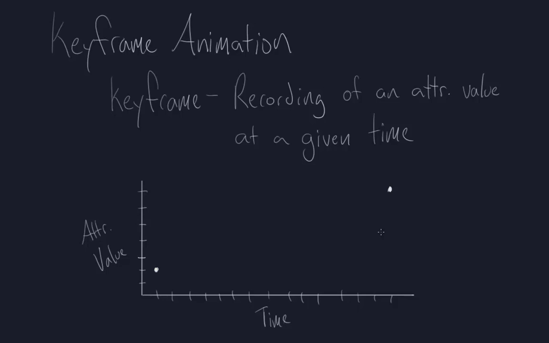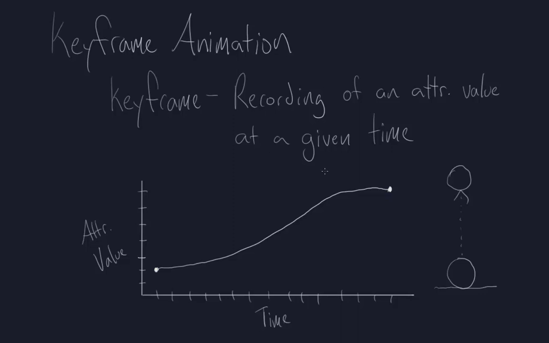At this later time, make sure you're set to that. And the computer automatically interpolates between the two times. Practically speaking, this means you could take something like a ball and say, at the beginning of time, I want you to be sitting on a table. At the end of the timeline, I want you to be up in the air. And that's all you do. You give it those two pieces of information, and the computer automatically makes the ball move upward.